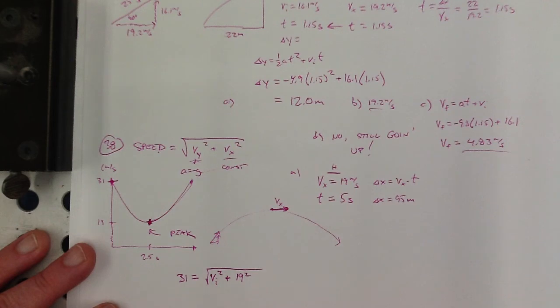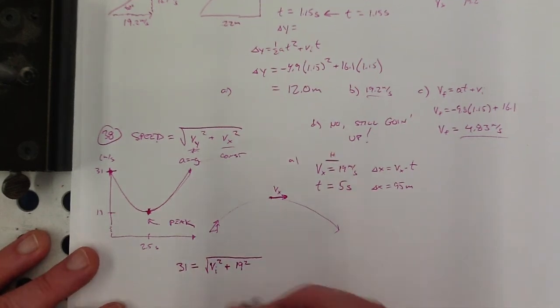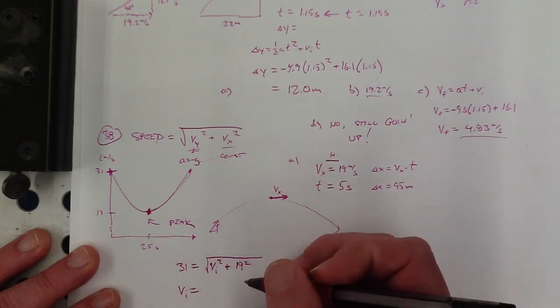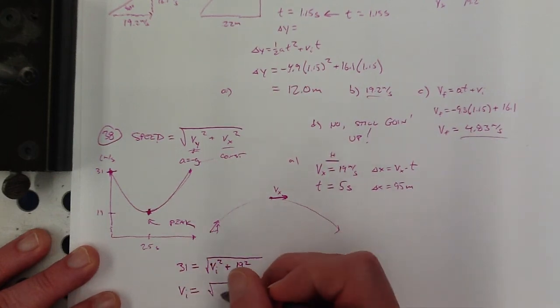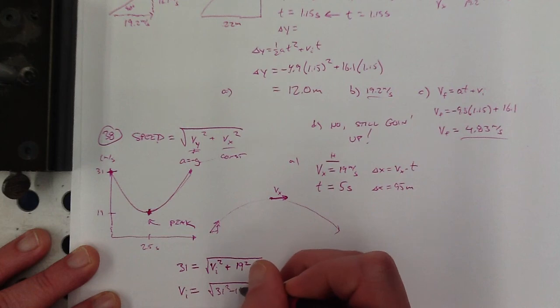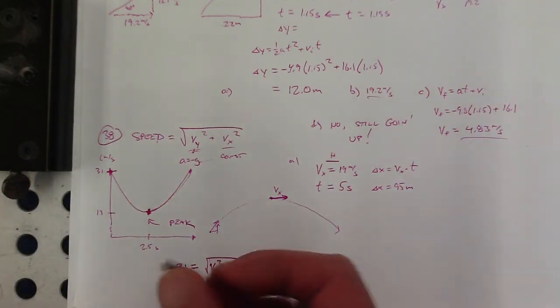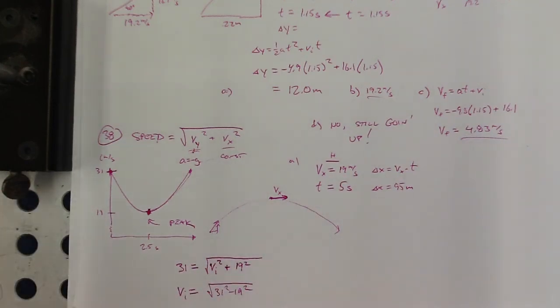So I think that I can figure out what Vi is. It's going to be equal to the square root of 31 squared minus 19 squared. That's not Pythagorizing, it's like we're finding a leg. It's like legifying, maybe.